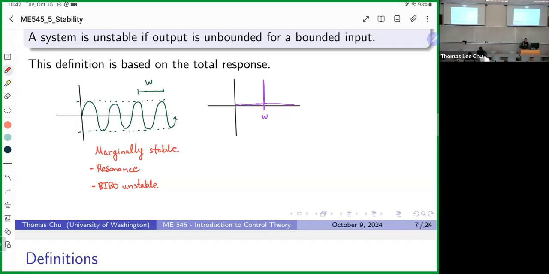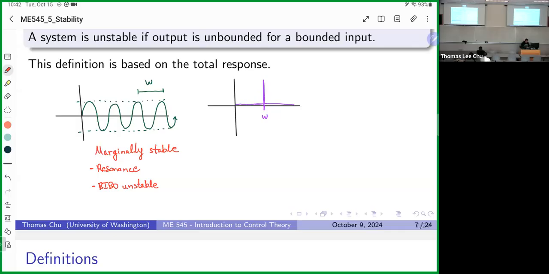If you hit a tuning fork, it vibrates at that frequency because hitting it with an impulse still excites all frequencies. So if you constantly hit something with a hammer, it's going to be exciting that frequency. It's going to have resonance, going to grow unstable. So marginally stable systems are actually bounded input, bounded output, unstable.